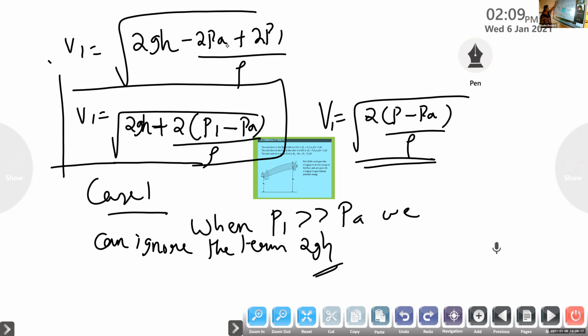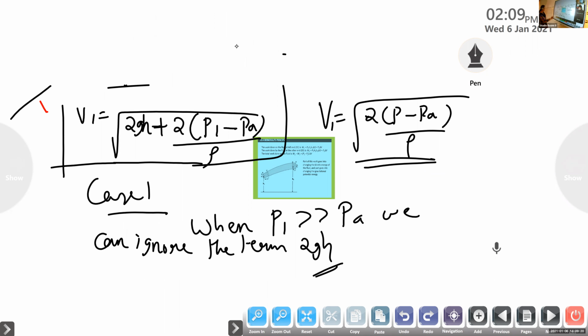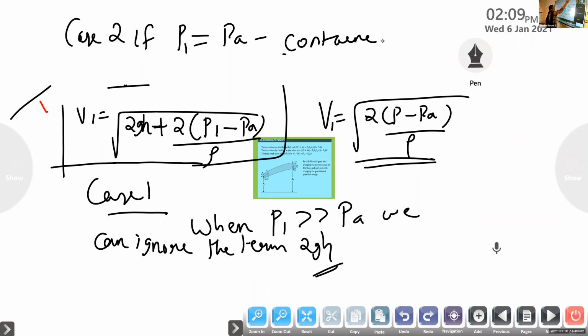Second case, case 2: if P1 equals PA, that is, the container is open. Maybe it is just like an open well or open tank, like an open river, where the river is not covered, sea and all that.